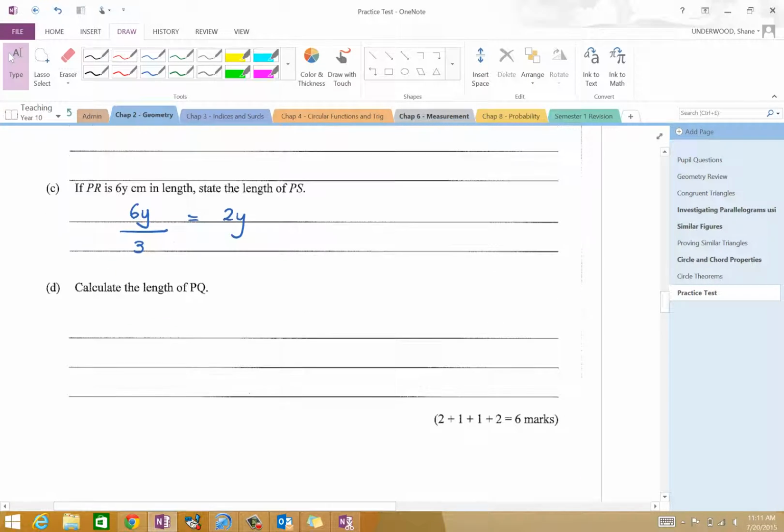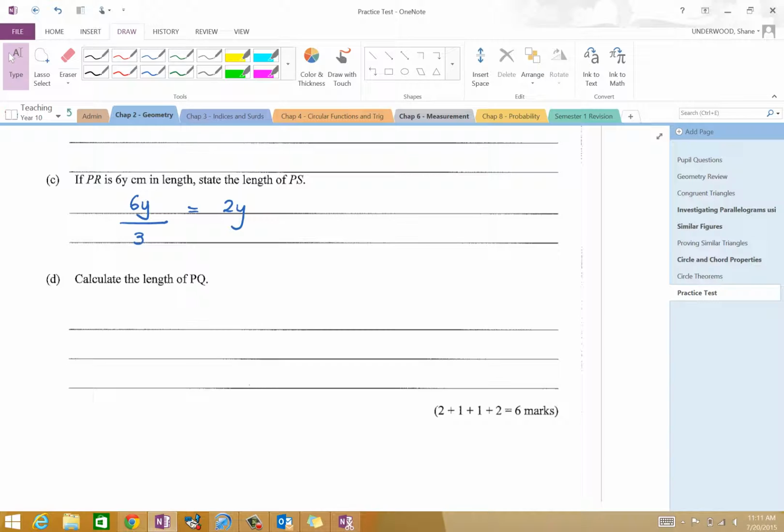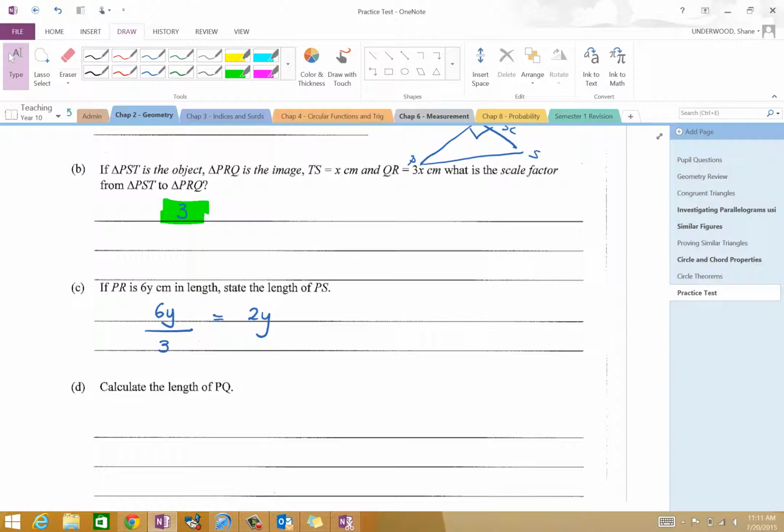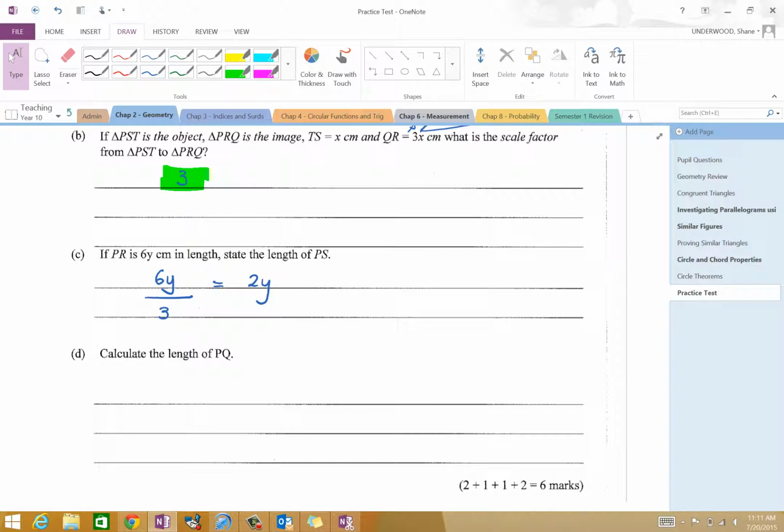All right. Calculate the length of PQ. What's the length of PQ then? This is PT. What's PT? PT's 2y. Is it? Or no. So we want to find the length of PQ.